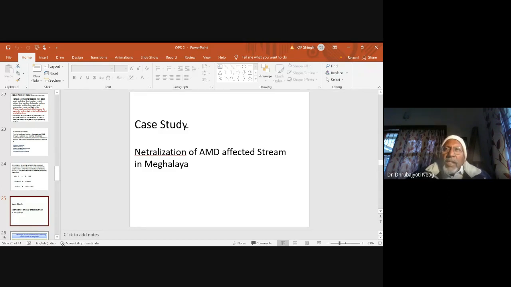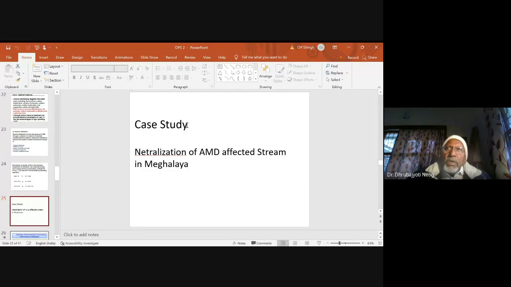The mining is taking place, extensive mining is taking place in Jaintia Hills, and due to coal mining, all the streams have become acidic because continuously acid mine drainage generated from coal mines and coal storage site or from overburden is going into the nearby streams.